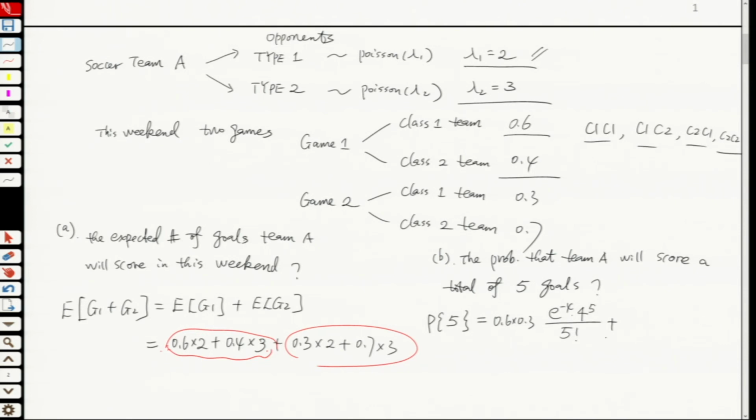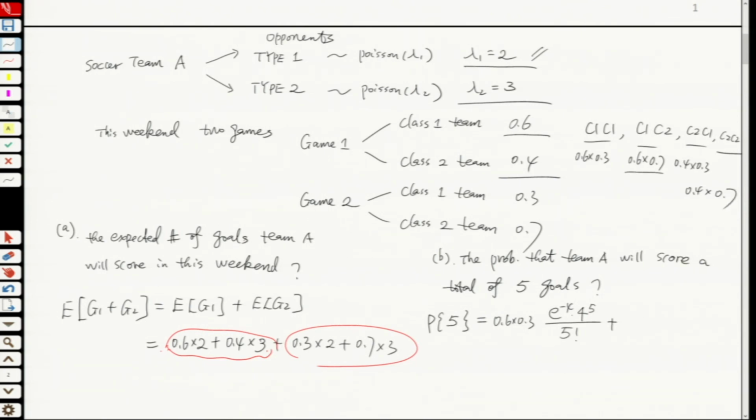And then you will have C1, C2 and C2, C1. So this one will be 0.6 multiplied by 0.7 and 0.4 by 0.3. The last one will be 0.4 times 0.7.